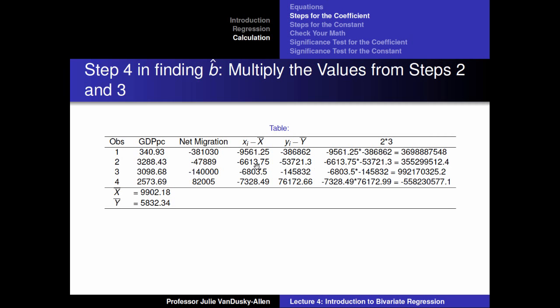And in observation 2, the value of xi minus x bar was negative 6613.75, and the value of yi minus y bar was negative 53721.3. So, negative 6613.75 times negative 53721.3 is 355,299,512.4. We would continue doing this for each observation.